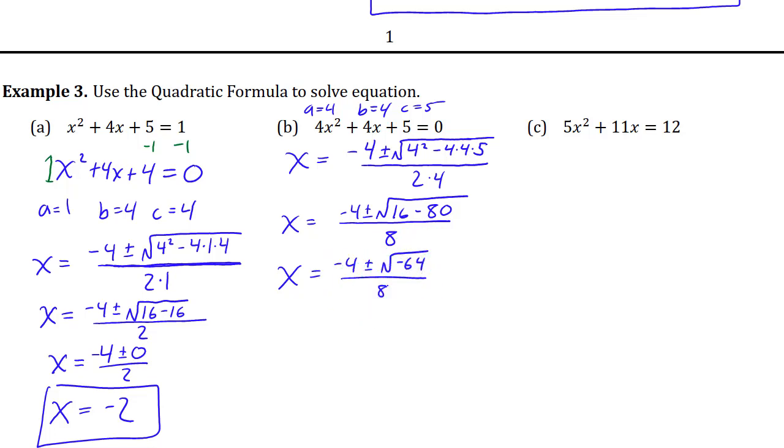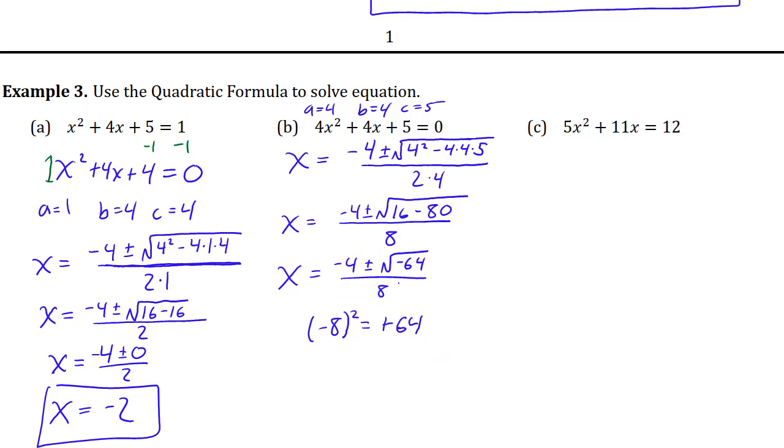Okay, so what is a number you can square to get negative 64? It would have to be an imaginary number. There's no real number you can square to get negative 64. Because of course if you think it might be negative 8, negative 8 squared is negative 8 times negative 8, which is a positive 64. So this does not have a real number solution.